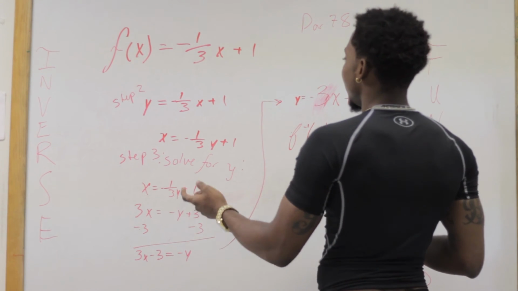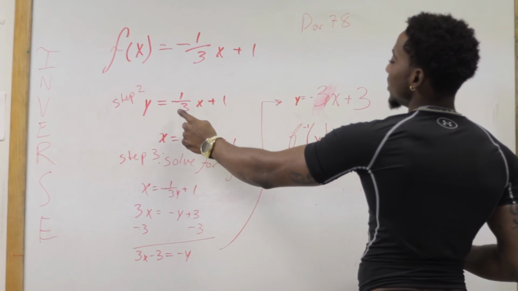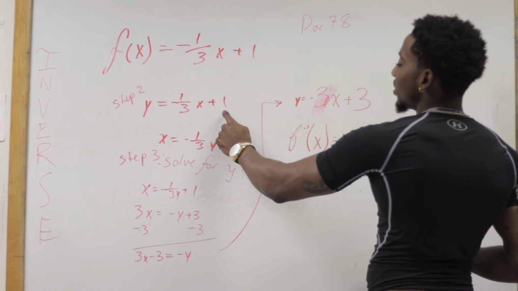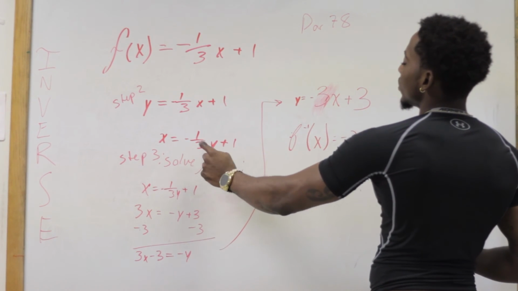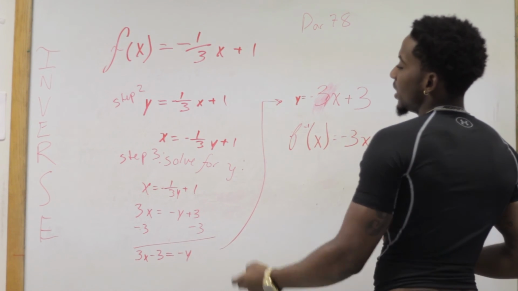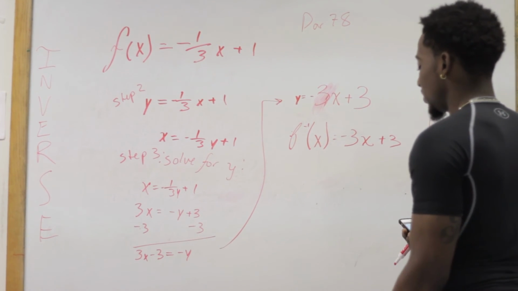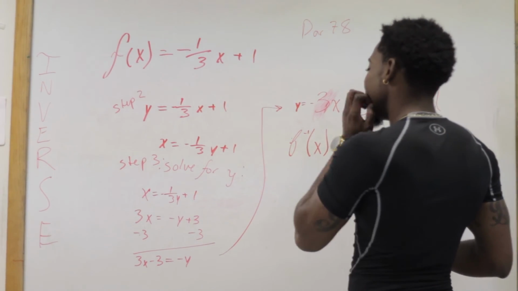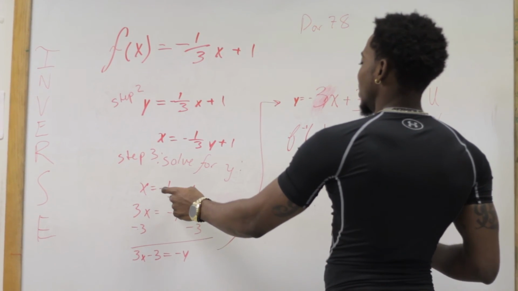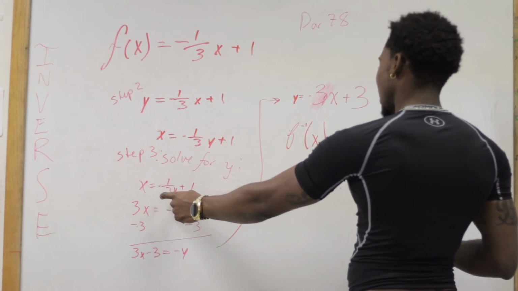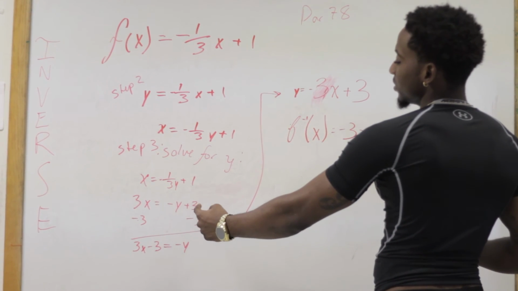So when you rewrite it, you go from y equals negative 1/3 x plus 1 to x equals negative 1/3 y plus 1. Then the next step is to solve for y. First, multiply by 3 to get rid of the fraction.